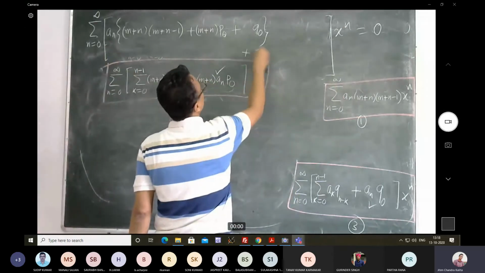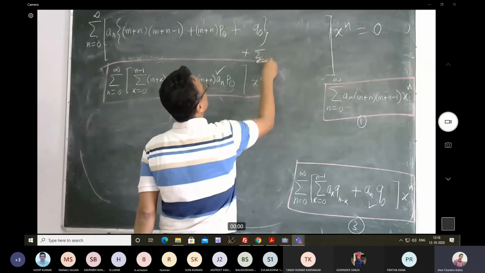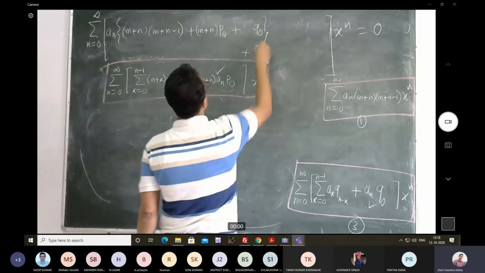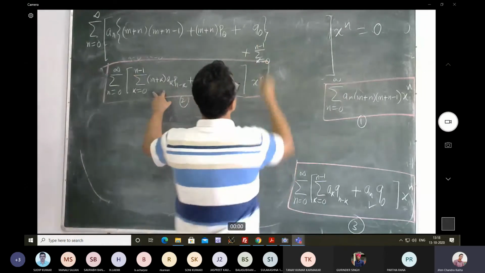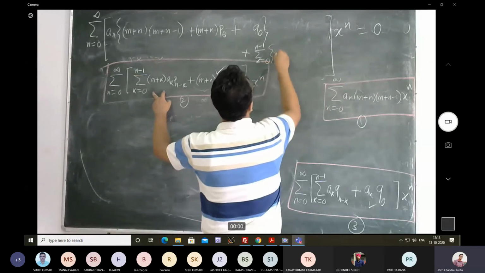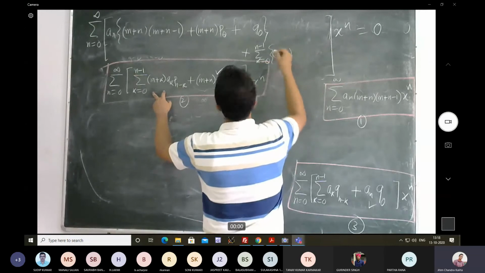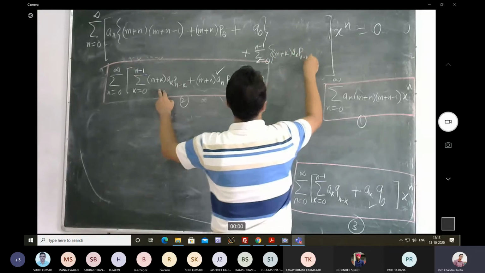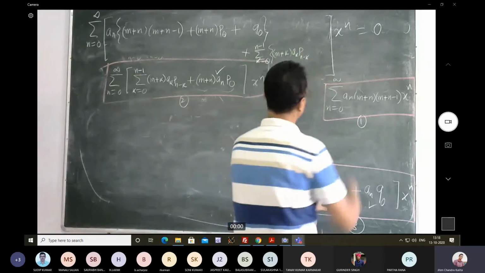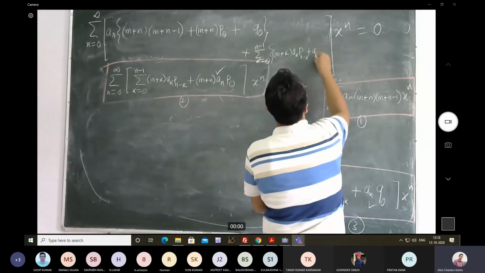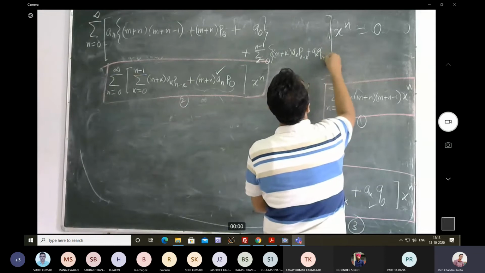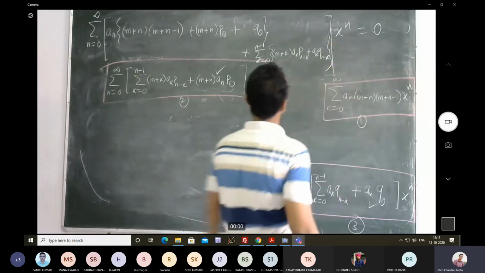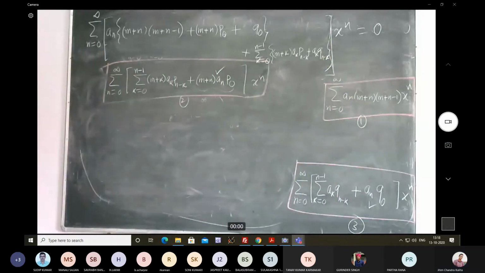I'm left with now k going from 0 to n minus 1, and simply this. (m plus k) a_k p_{n minus k}, and then plus a_k q_{n minus k}. Is it okay with everybody?